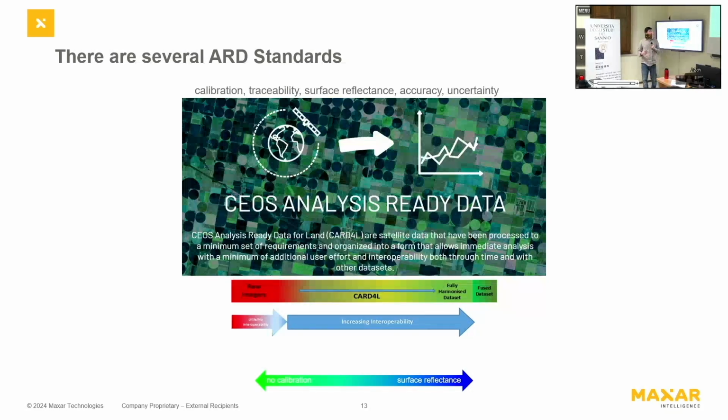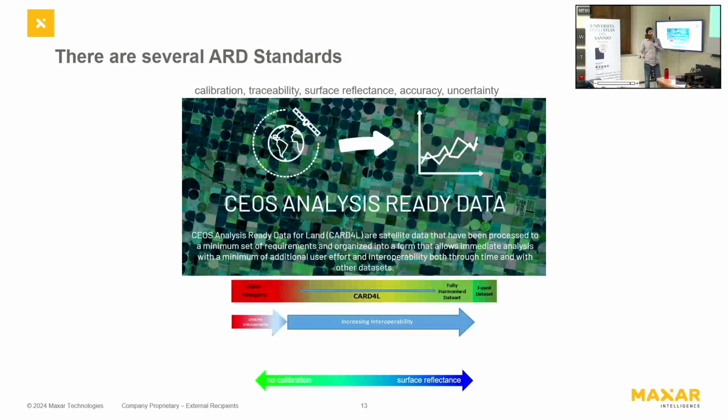And unfortunately, I think we're very far away from having a standard. The reason is that your application is different than mine. I'll show some examples after, but CEOS is, I believe, what NASA and ESA use for Landsat and Sentinel. It is one flavor of ARD.